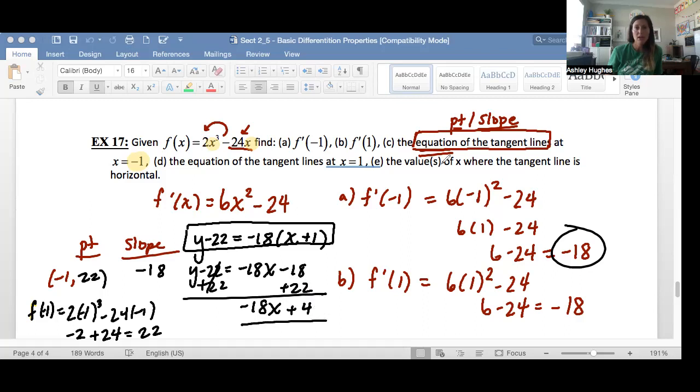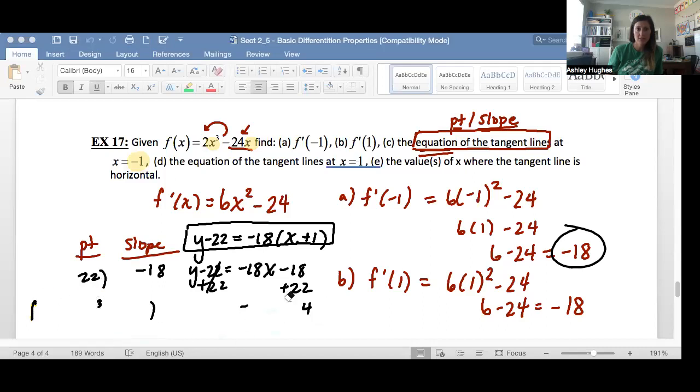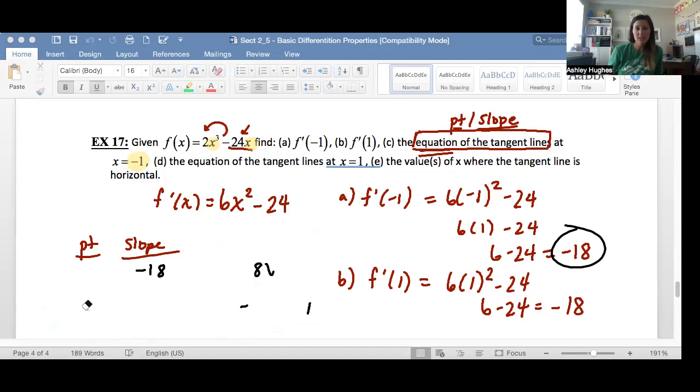Okay. Then if we want to find the equation of the other line, it'd be very similar to that. So very similar process. We're just going to get a different y value. It has the same slope. Let's see. If I plug in 1, f of 1 is 6 times 1 squared minus 24.